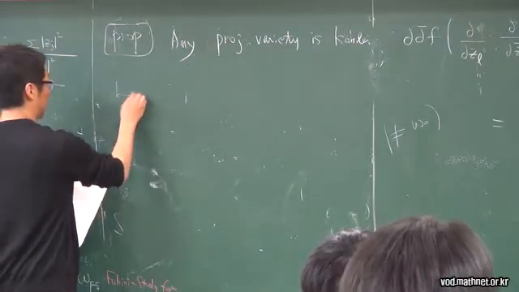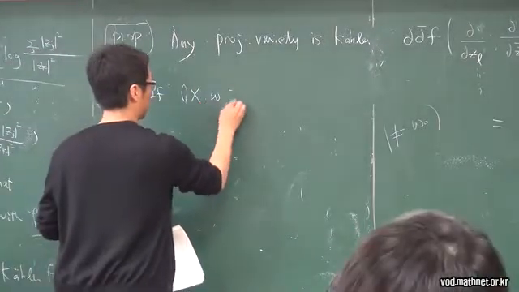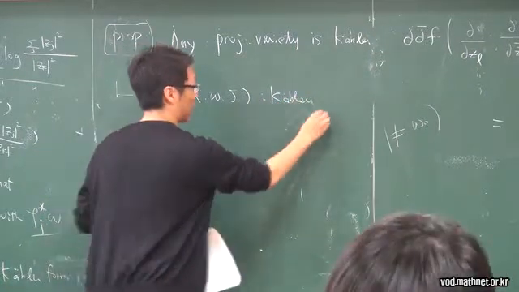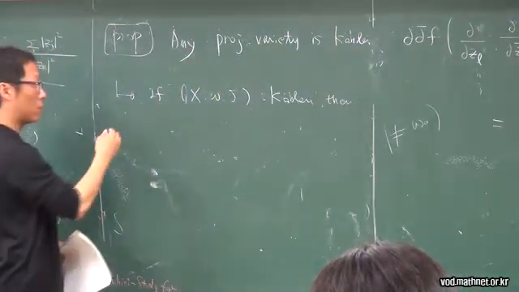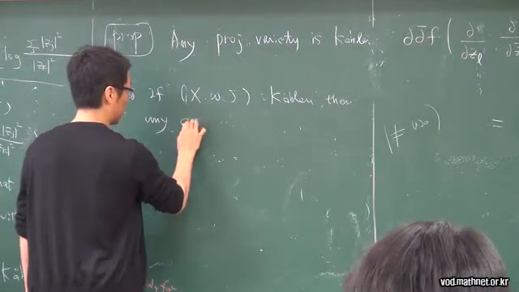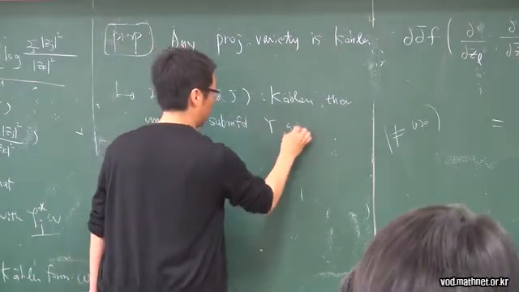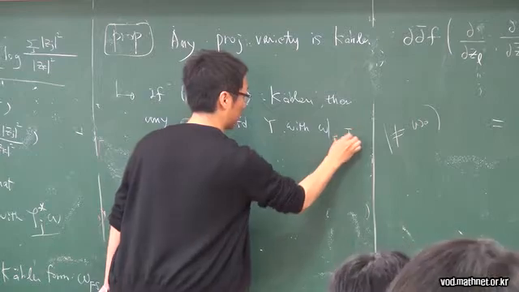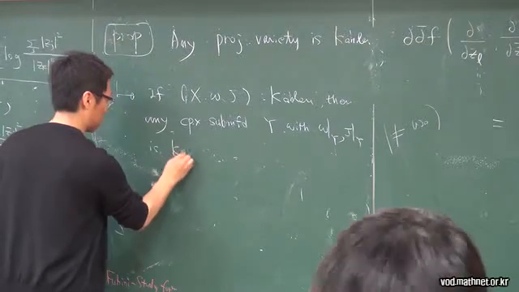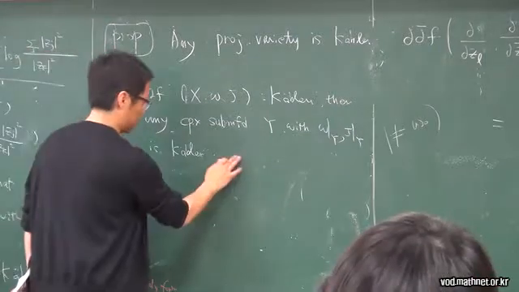So this is almost obvious, because if we have a Kähler manifold X, then any complex submanifold Y with the restriction of the Kähler structure is again Kähler.